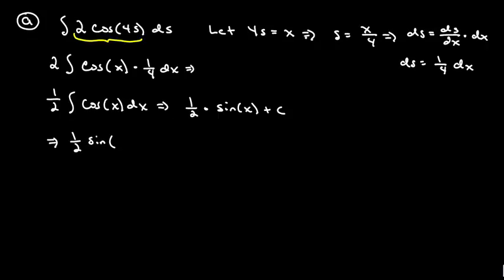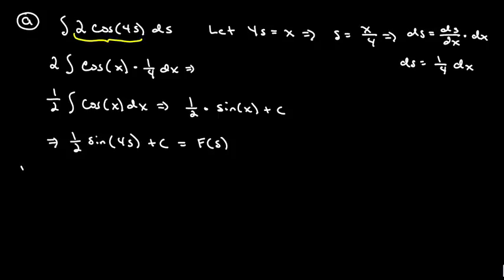Now x was equal to 4s, so we'll plug that in there. So now what we have is our function as a function of s. So f as a function of s is equal to this. And if we were to differentiate that, we'd end up right back at the beginning. Okay, so 1/2 sine 4s plus some constant of integration is equal to the antiderivative.